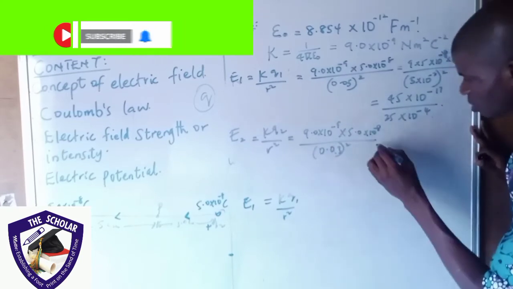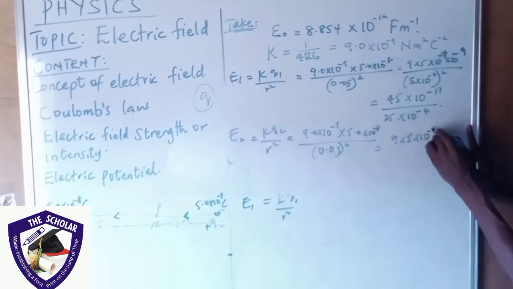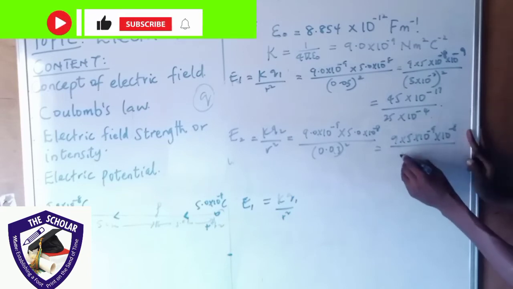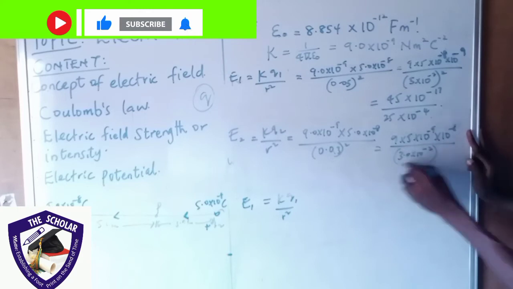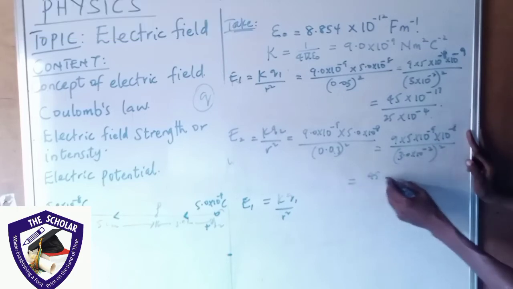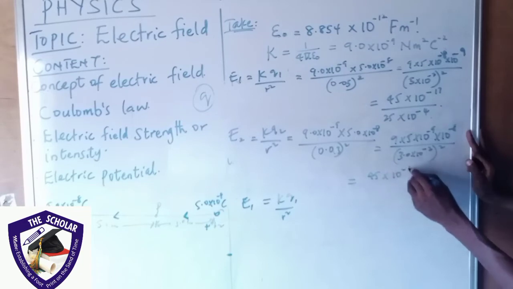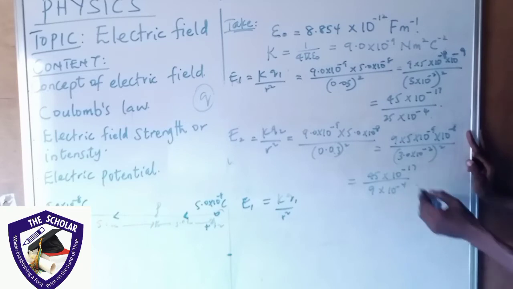So when we do this, this will translate to 9 times 5 times 10 to the power 9 times 10 to the power minus 8 divided by 3.0 times 10 to the power minus 2 all squared. And that gives me 45 times 10 to the power 1 divided by 3 squared, which is 9, and this will give us 10 to the power minus 4.